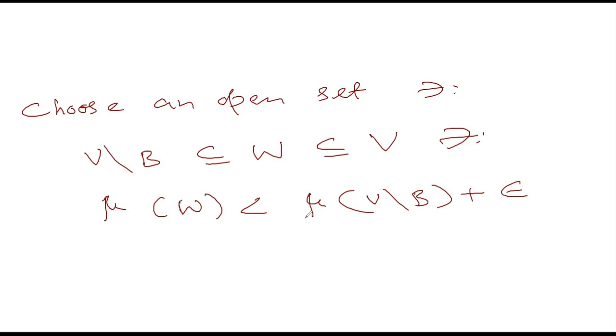But what's mu of V minus B? It is mu of V minus mu of B, which is less than epsilon.